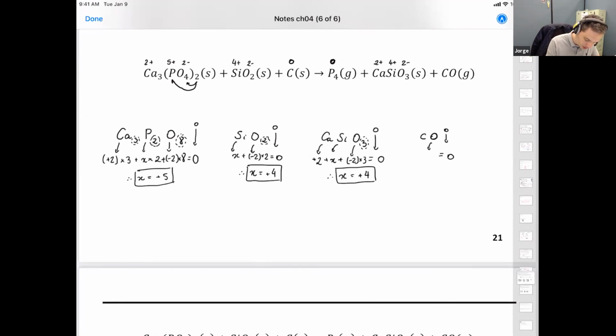Oxygen oxidation number is -2, and carbon is the one that we need to find, because carbon may change the oxidation number when bonded to different elements. Therefore, the oxidation number for carbon in carbon monoxide is +2. Okay, and let me write here 2+ and 2 minus.